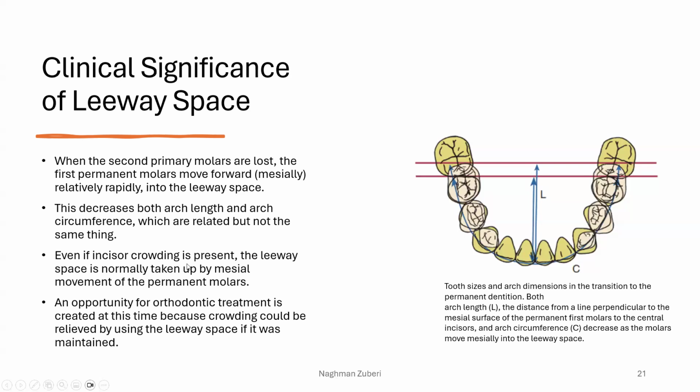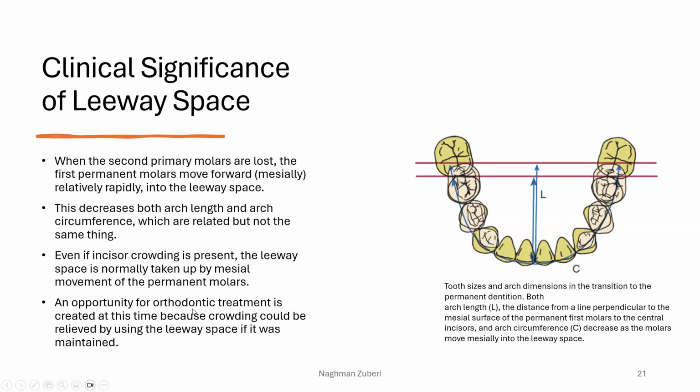Even if incisor crowding is present, the leeway space is normally taken up by mesial movement of the permanent molars. Yes, even the incisors are not going to get any relief with the leeway space. Only first permanent molars are going to move mesially.